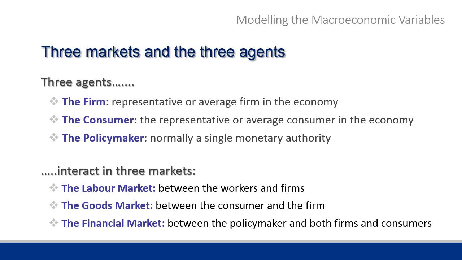The policymaker is the monetary authority or the government, and they interact inside three main markets: the labour market, which is between workers and firms, the good market between consumers and firms, and the financial market, where the policymaker reacts with or interacts with both firms and consumers.